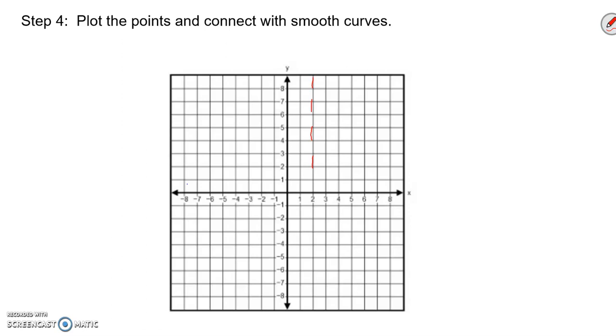So you'd graph that just like this. And our horizontal asymptote was going to be at y equals -4. So that's how you would draw those asymptotes.